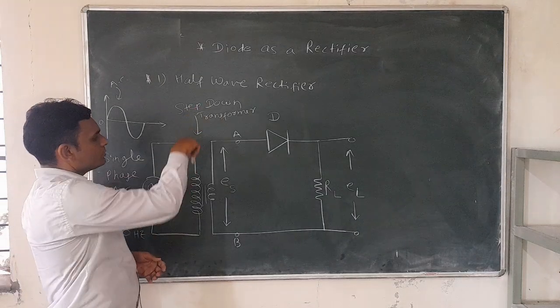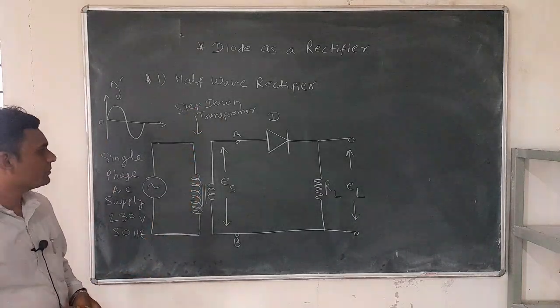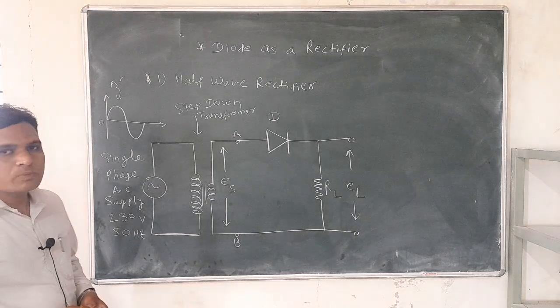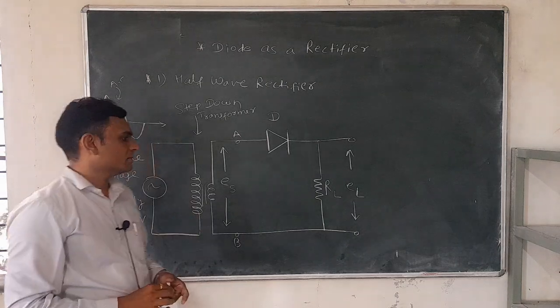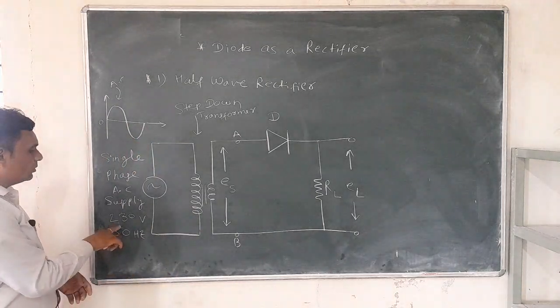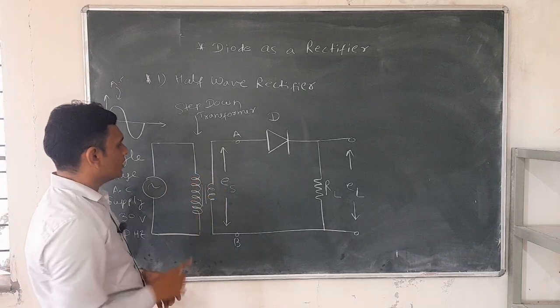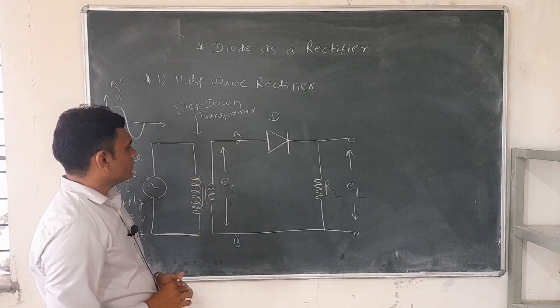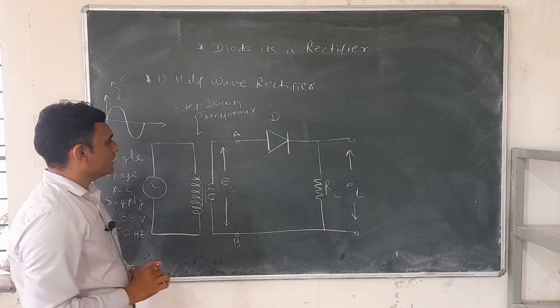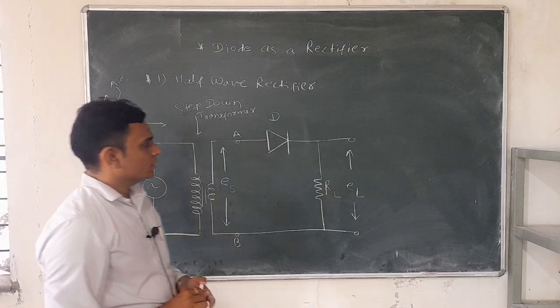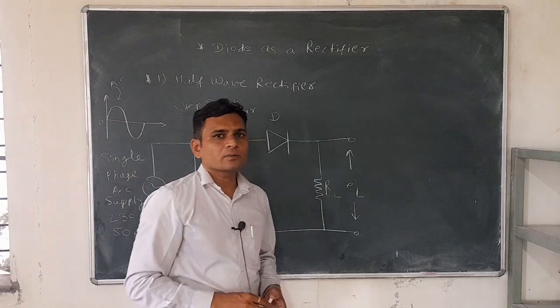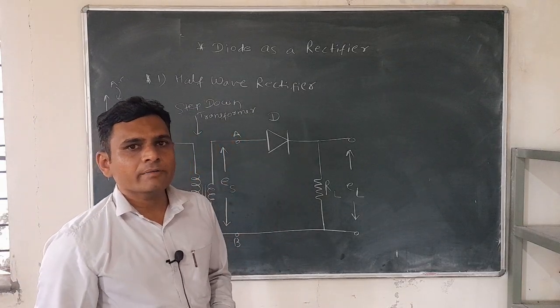Here step down transformer is used because this step down transformer reduces the voltage. Here this 230 volt is reduced by this step down transformer. Step down transformer is selected because the DC voltage which is required for electronic components or devices is very less.